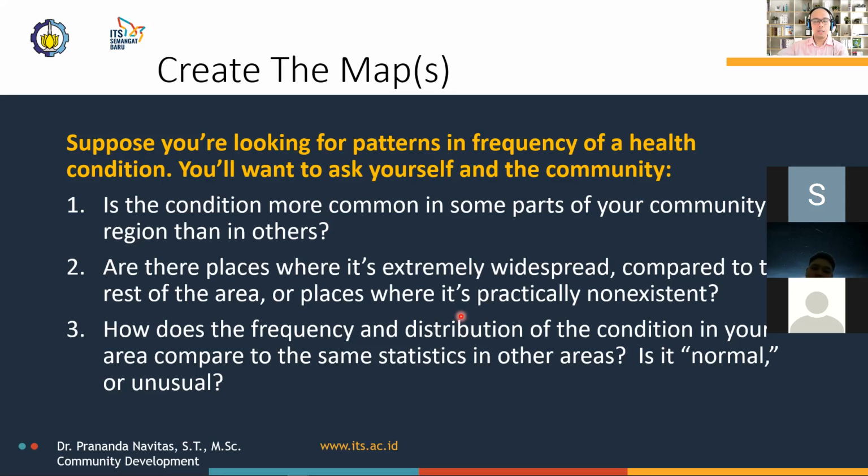And then, of course, as I said earlier, you may need comparison data from other neighboring places to find out whether this is an isolated incident, or can it be found somewhere else, and can that be considered normal, or should we consider that unusual, and what are we going to do about it?